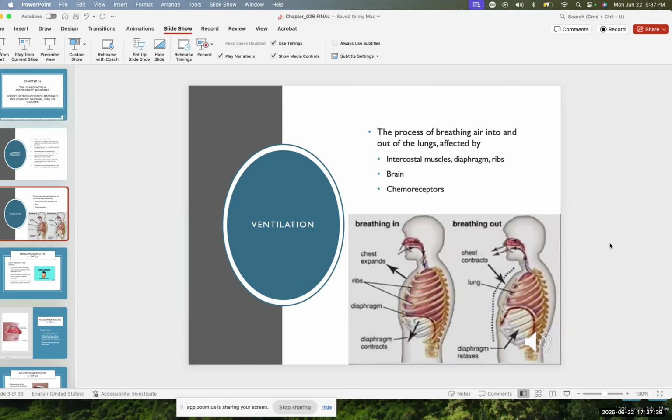So we're going to talk a lot about oxygenation and ventilation. And sometimes we do oxygenation, ventilation mismatch, meaning we're hypoventilating, but the oxygen level is high. So when I talk about ventilation, I'm talking about the process of breathing air into and out of the lungs.